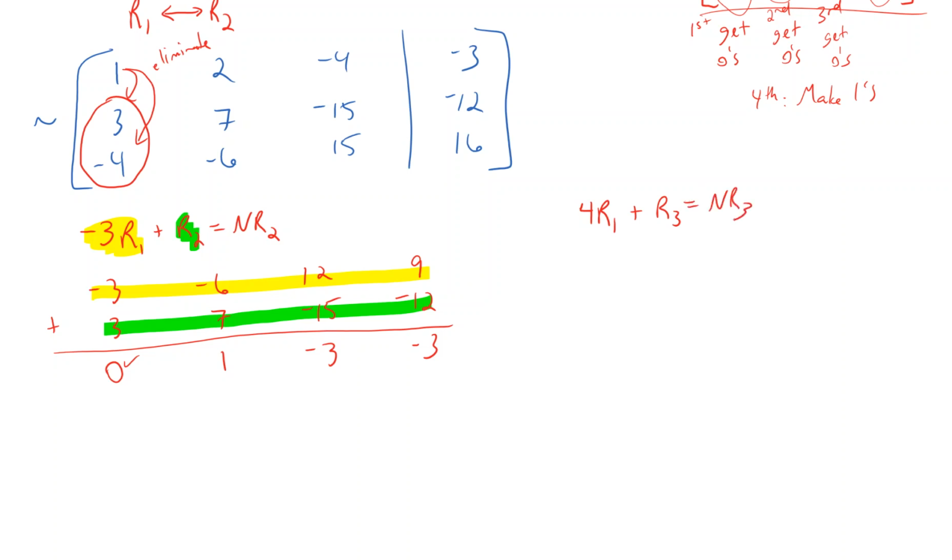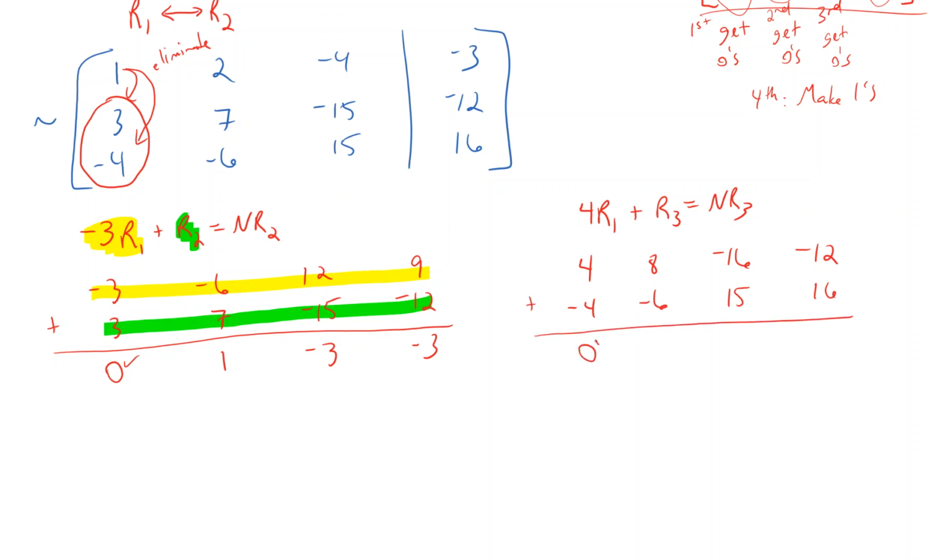Okay? So let's see what happens if I multiply row 1 by 4. I get 4, 8, negative 16, negative 12, right? I multiplied row 1 by 4. And then I'll add to that row 3, which is negative 4, negative 6, 15, 16.